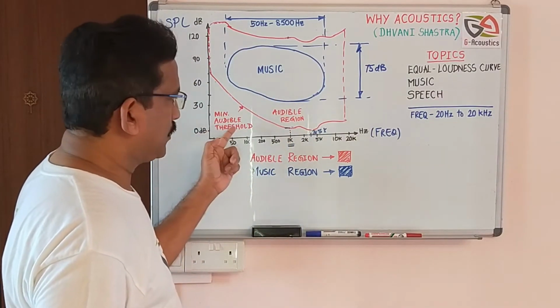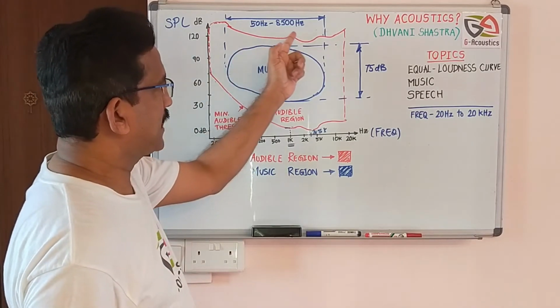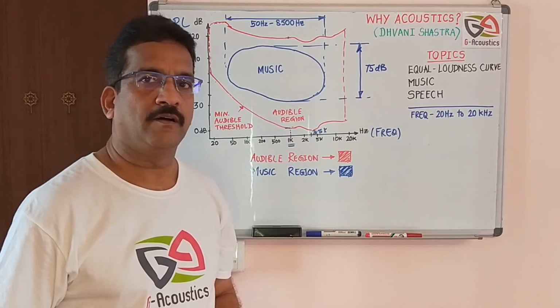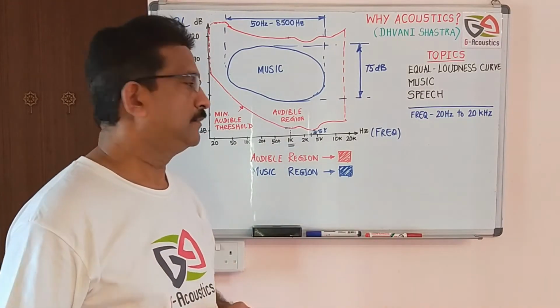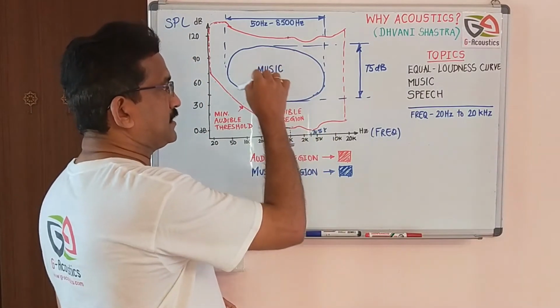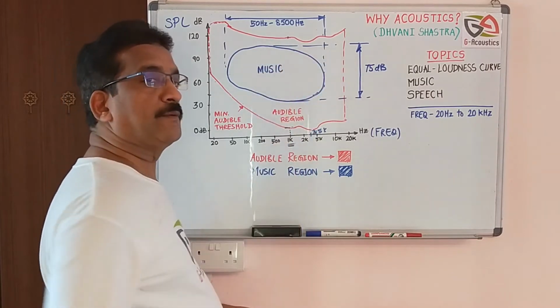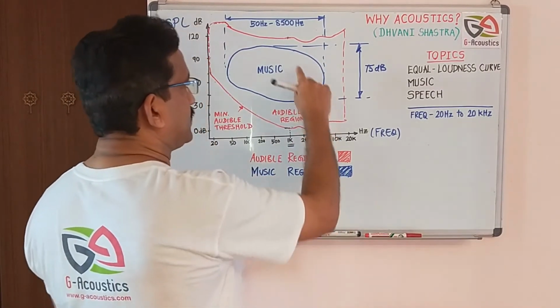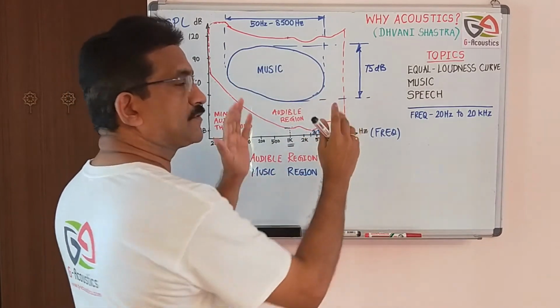This is the minimum audible threshold and this is the maximum audible threshold. Now where do the music frequencies lie? This is the region which is occupied by music. I have shown this as a blue region, which means the whole of this region is for music.